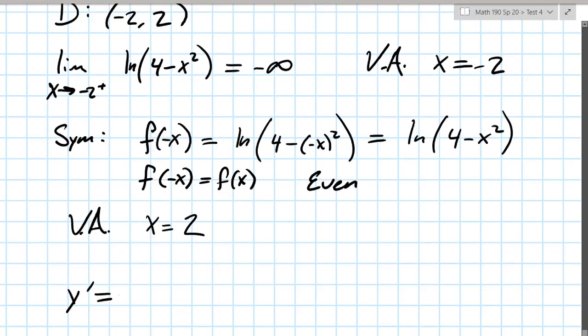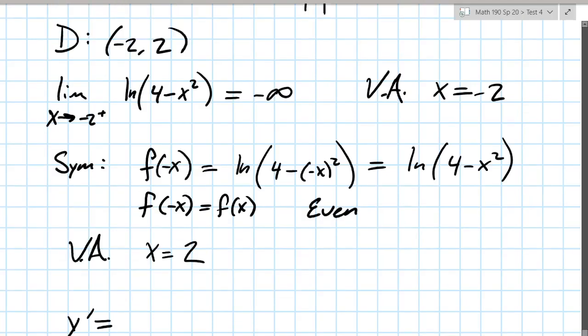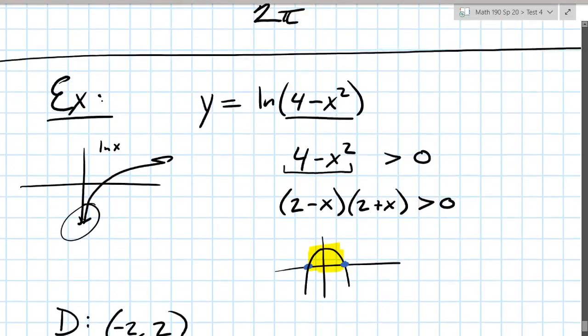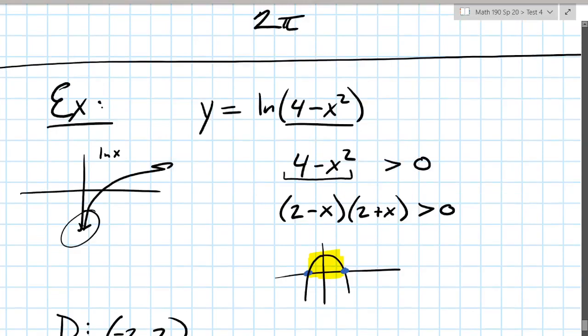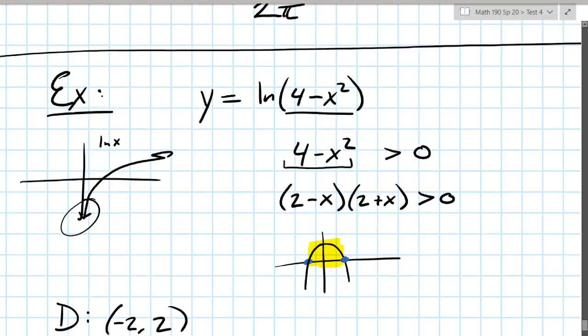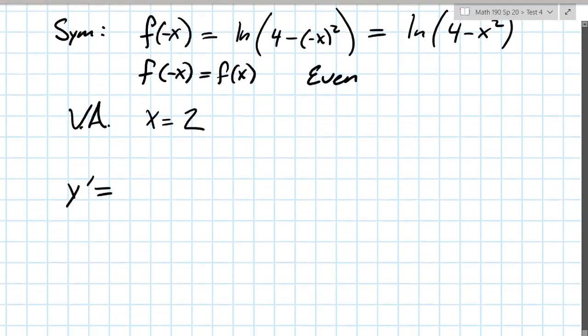So the derivative is going to be a log derivative rule. So derivative of ln of stuff is 1 over that stuff times the inside derivative from the chain rule. So 1 over 4 minus x squared times -2x.